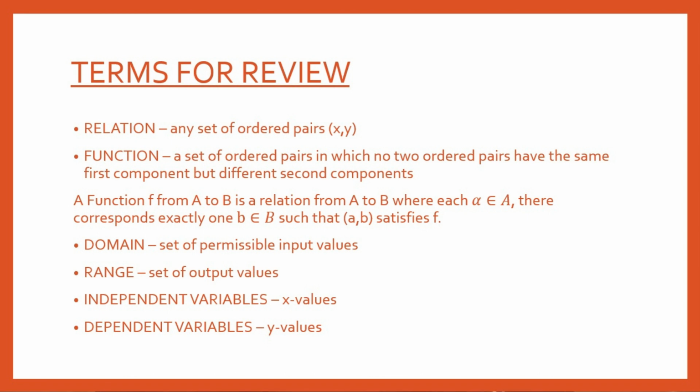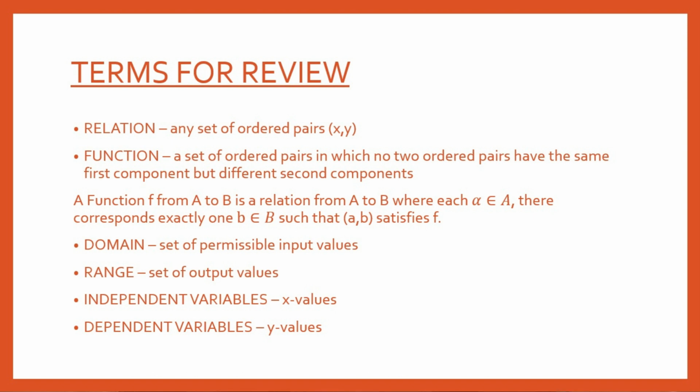A function f from A to B is a relation from A to B where for each alpha, an element of set A, there corresponds exactly one beta, an element of set B, such that the ordered pair (alpha, beta) satisfies f.